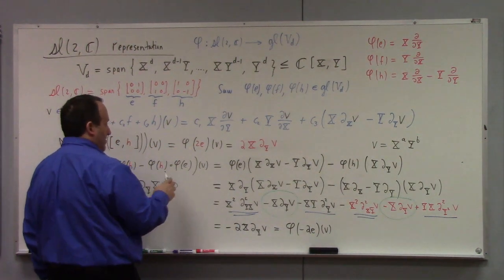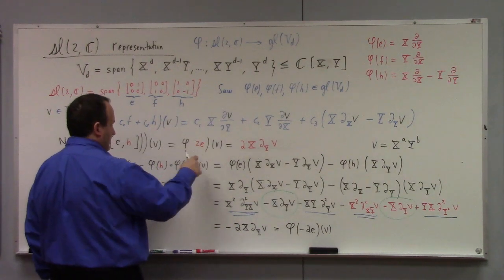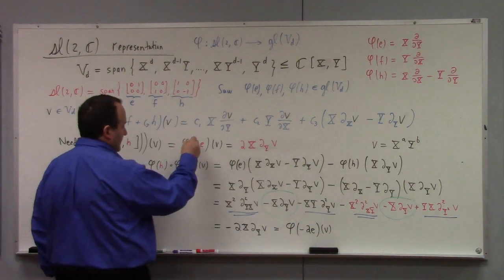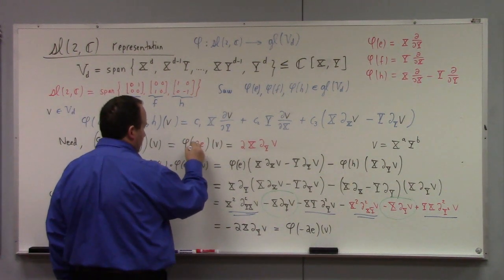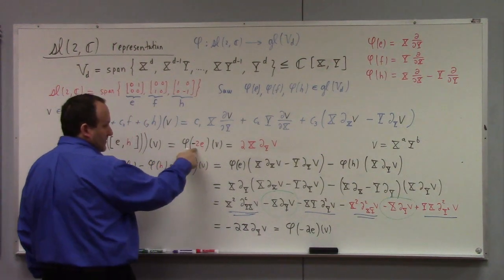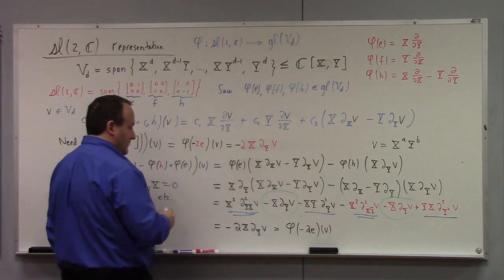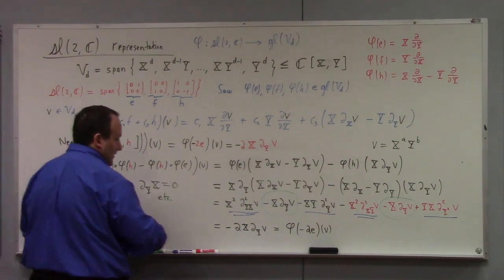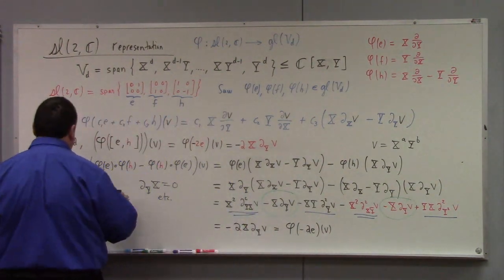Yeah, here he has bracket HE equal to 2E, not bracket EH. Okay, so it's simple enough to fix. This is actually a minus right here, right? Yeah. So we should have done EH is what it boils down to.